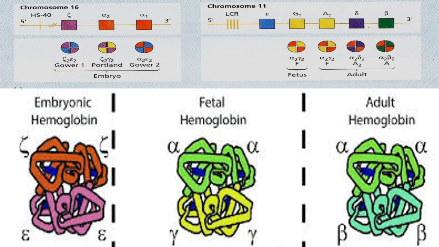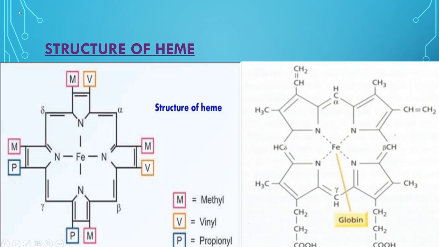These are the globin proteins. In the embryonic stage, there are zeta 2 epsilon 2; in fetal, there is alpha 2 gamma 2; and in adult hemoglobin, this is alpha 2 beta 2.